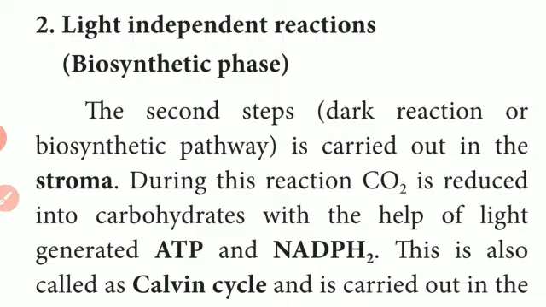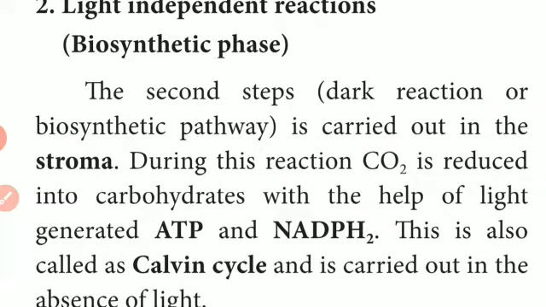We can call it the middle of the chloroplast. During these reactions, carbon dioxide is reduced into carbohydrate with the help of the ATP, adenosine triphosphate, and NADPH2 generated by the light reactions.